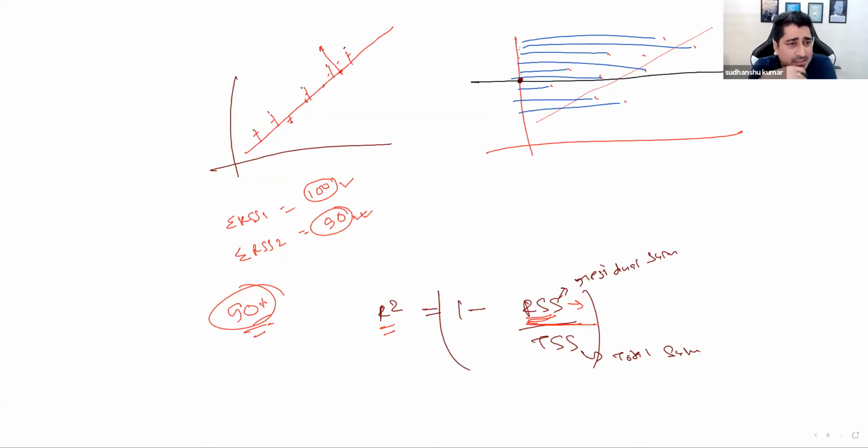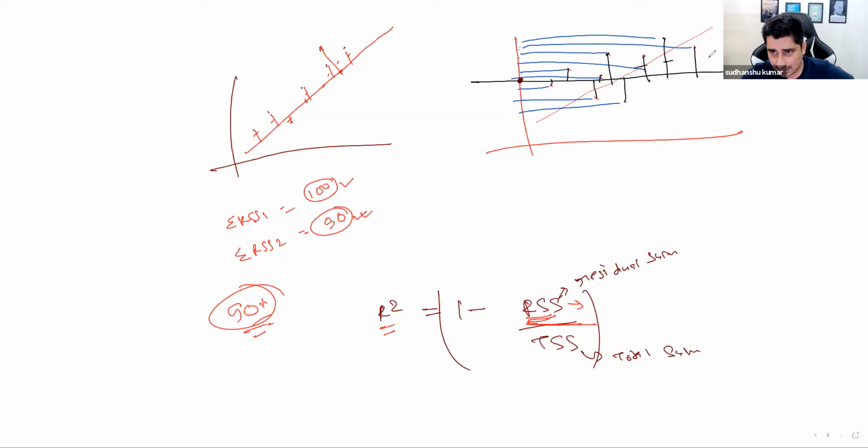TSS is basically the distance between your y and y average. What is RSS? The distance between y and y hat, squared, is something called RSS. What is TSS? Can I say this is the distance between this and this, the summation of all the black vertical lines, right?